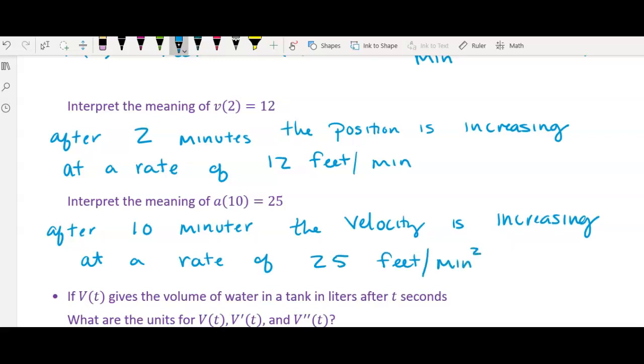And a of 10 equals 25 can be interpreted as after 10 minutes, the velocity is increasing at a rate of 25 feet per minute squared.